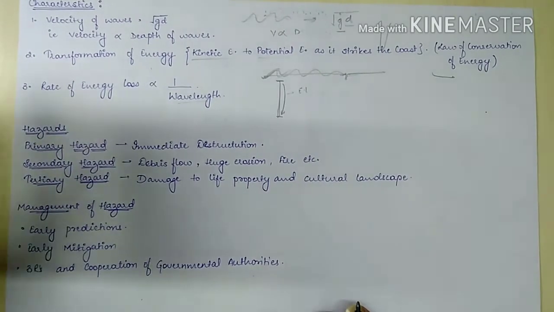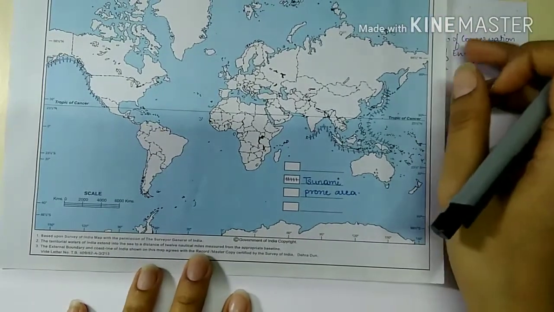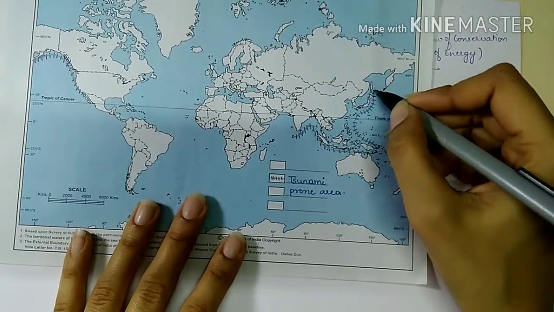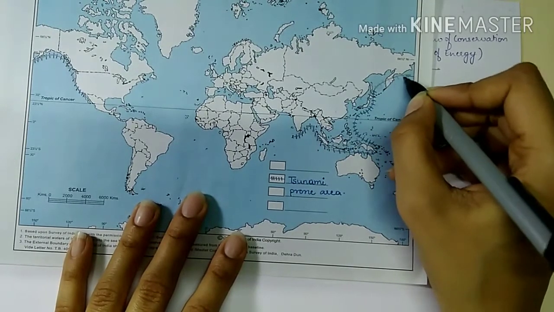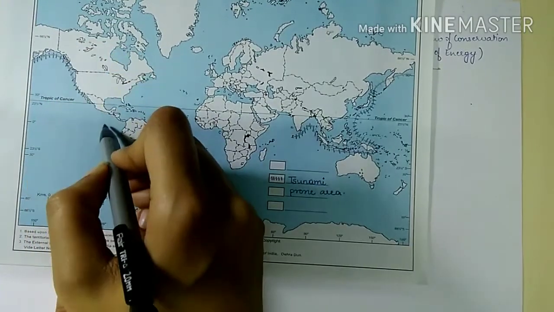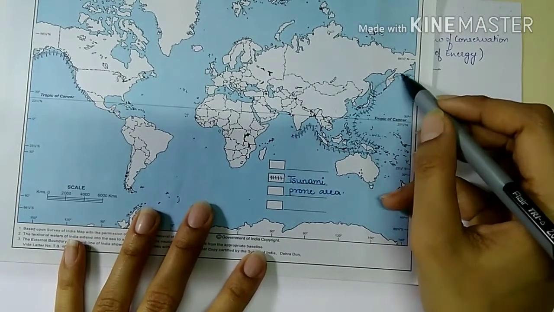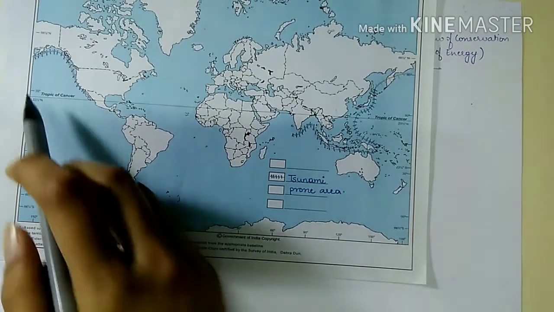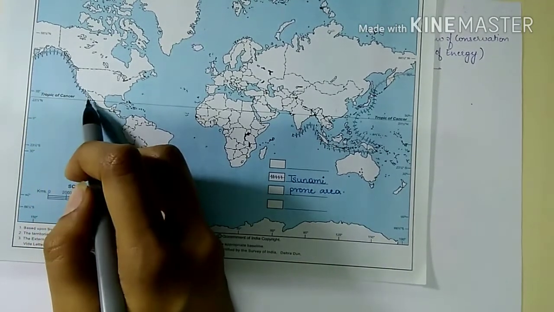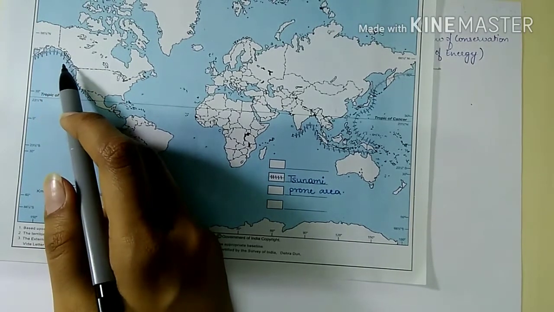Now we will look into the major regions which are prone to tsunami. We are very familiar with this region, this area, where earthquakes and volcanic eruptions take place, and this area is also prone to tsunamis because of volcanic eruptions and earthquakes.